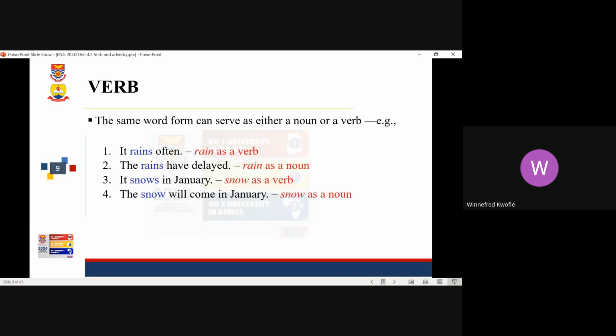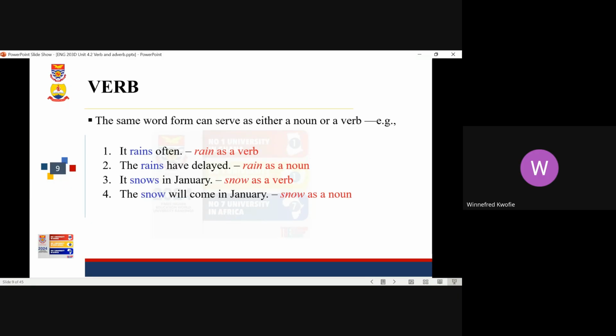When it comes to verbs, they share a similar feature with nouns. We can have a word that has the same form when used as a noun and when used as a verb. But again, the difference will be seen based on the context. So let's take rains, for instance.